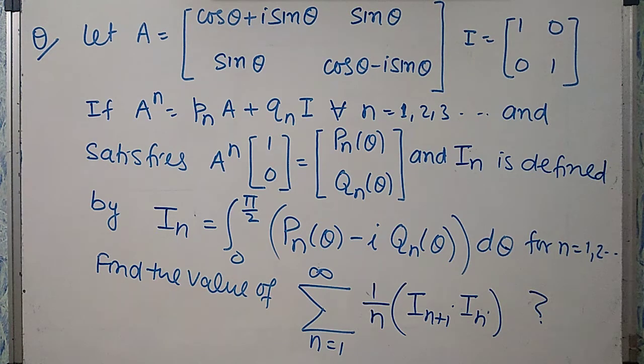If A^n = Pn A + Qn I for all n = 1, 2, 3, ..., n, and satisfies A^n times column matrix [1; 0] = column matrix [Pn(theta); Qn(theta)], and In is defined by In = integral from 0 to pi/2 of (Pn(theta) - i Qn(theta)) d theta for n = 1 to 3, then find the value of sigma n = 1 to n of 1/n (In + 1) In.